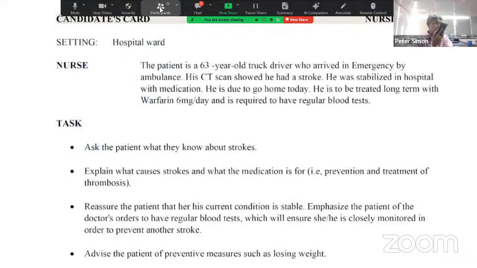Are there any other measures apart from these medications to prevent strokes in the future? And now the nurse will say, it is commendable. You are seeking valuable information.